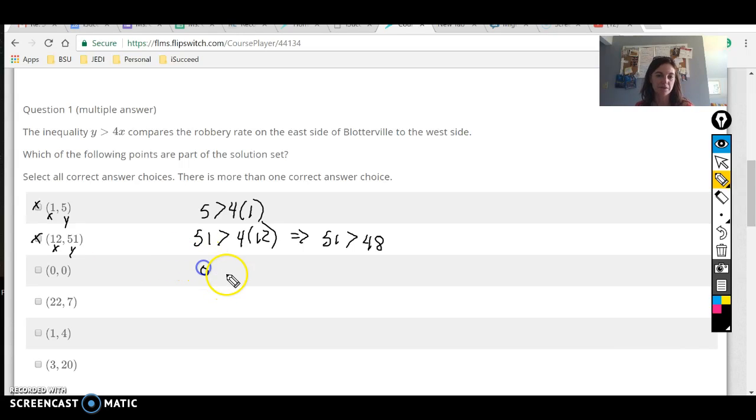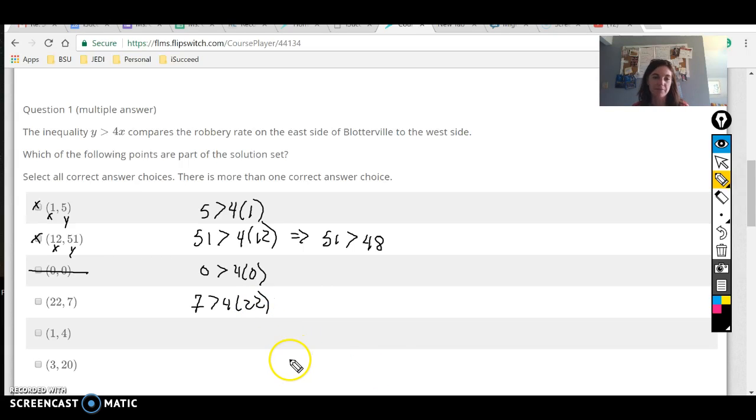0 and 0. 0 is greater than 4 times 0. Well, 0 is greater than or equal to 4 times 0, but 0 is not greater than 0. So this one doesn't work. The next one, 7 is greater than 4 times 22.